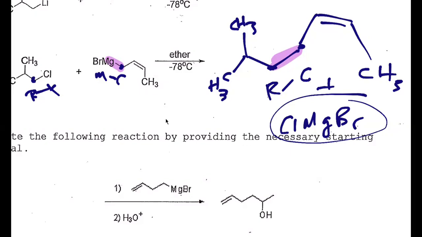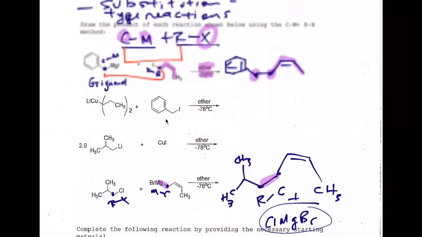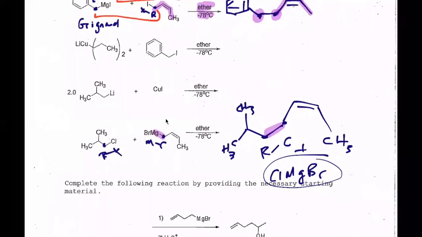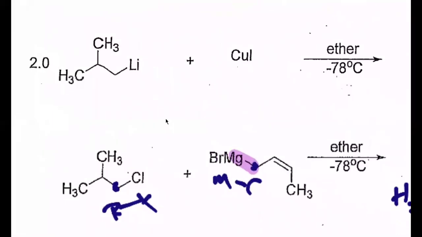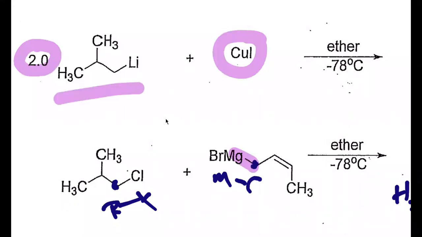All right, we're good for that. Let's go back up top. Let's do this reaction right here. It's not a coupling, but I have copper iodide and I have 2 equivalents of this alkyl lithium. What am I doing there?